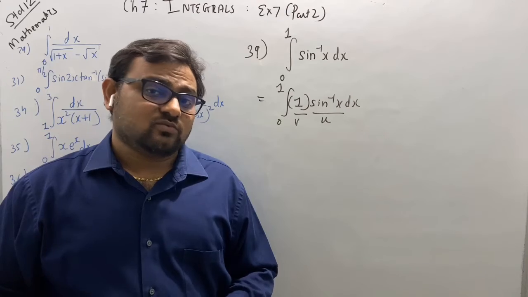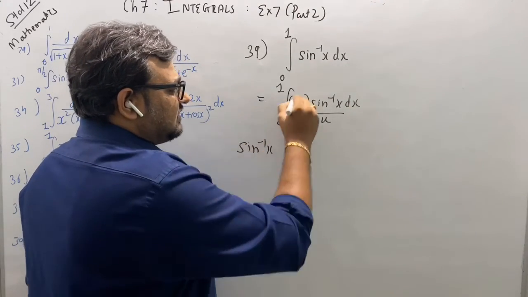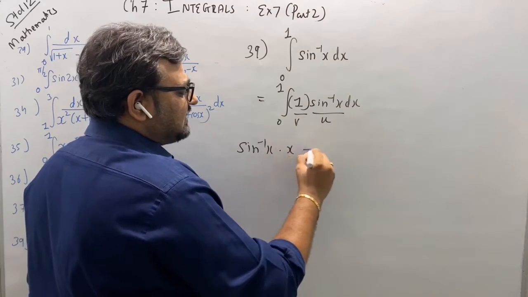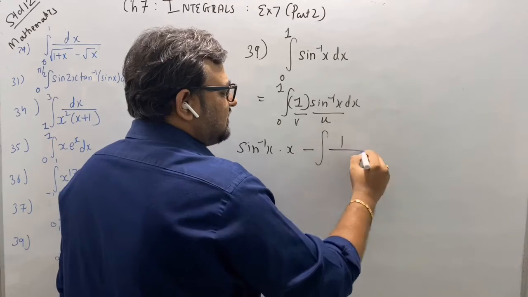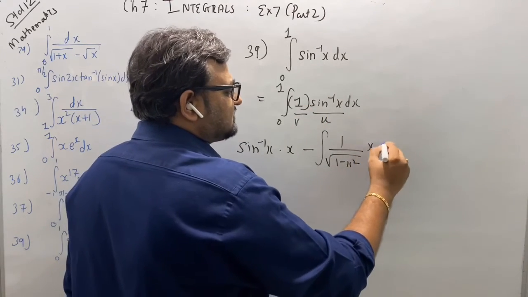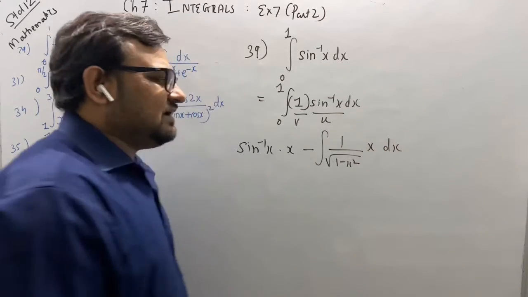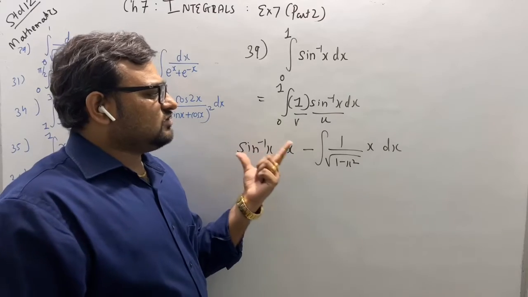So now integration u as it is, integration of 1 is x, minus derivative of this, 1 upon root of 1 minus x square, integration of 1 is x dx, right? So now just integrate this.